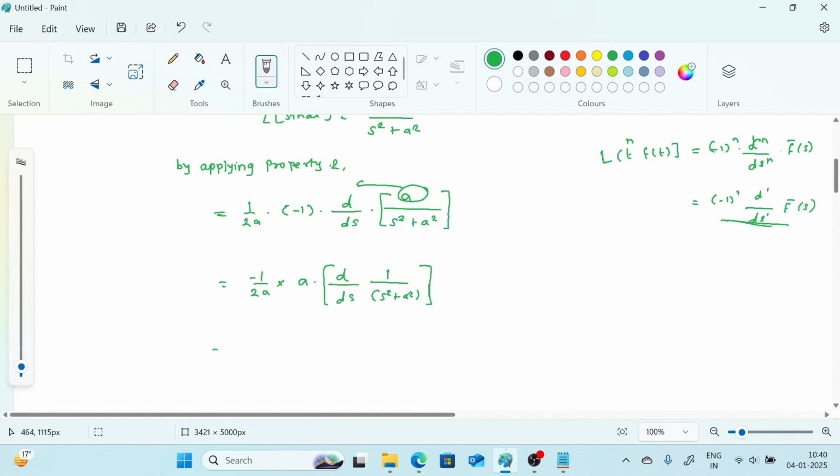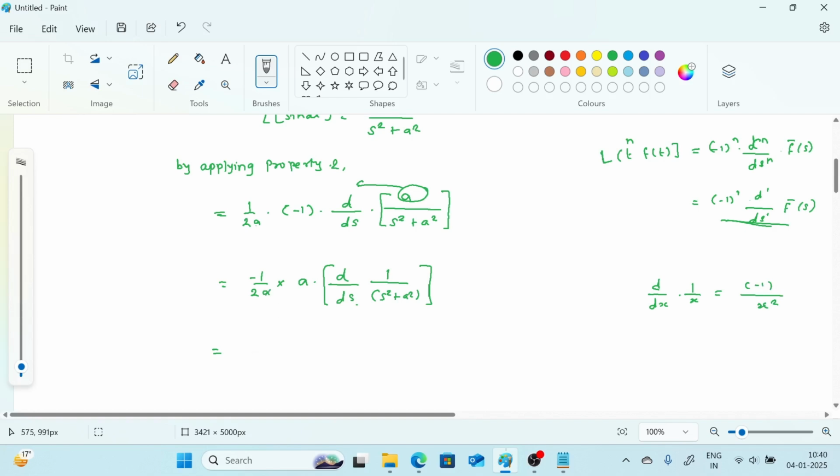Now I have to differentiate this term with respect to s. We have one standard formula: d by dx of 1 upon x is minus 1 upon x square. This is the standard formula for 1 upon x, so I'm going to apply the same logic.